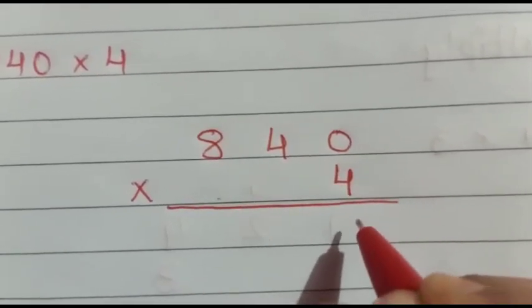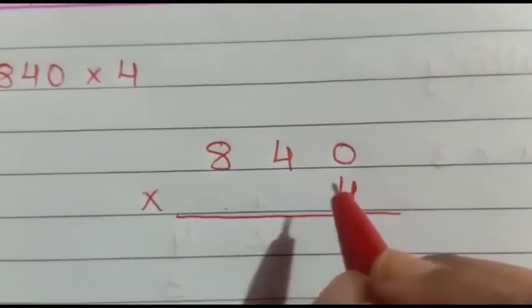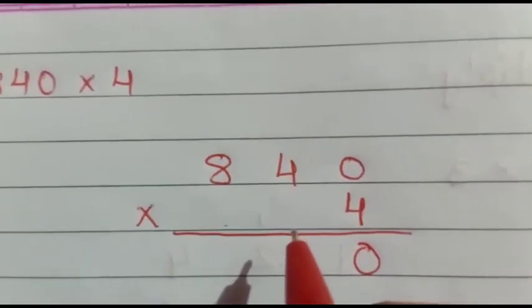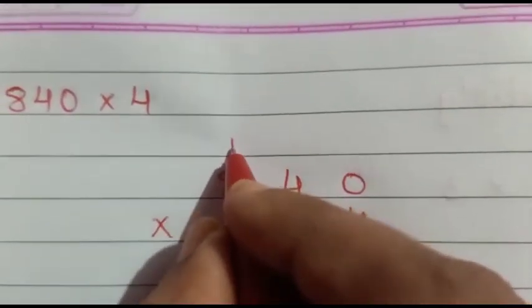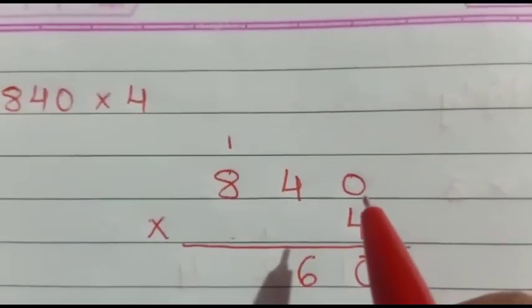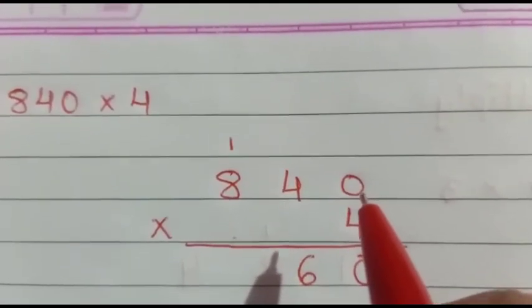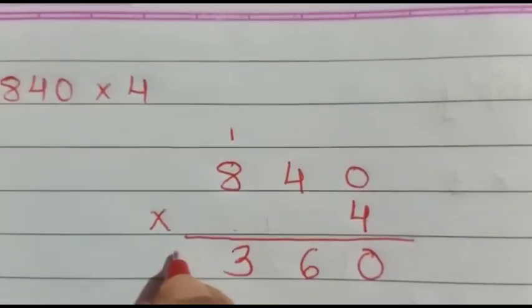4 zeros are 0. Any number multiplied by 0 is 0. Okay, 4 fours are 16. So 6 you will write, 1 you will carry. 4 eights are 32. Plus 1, it's 33.